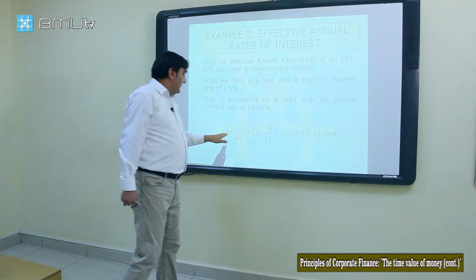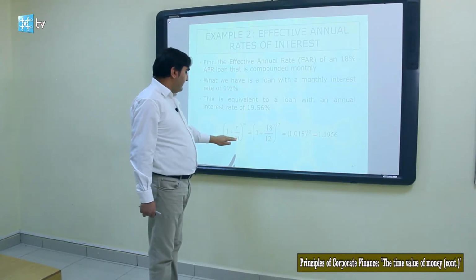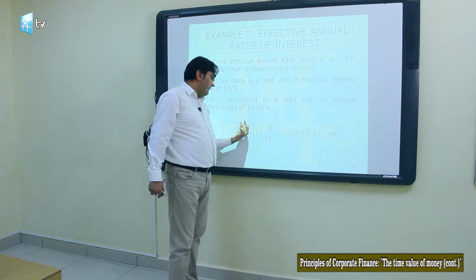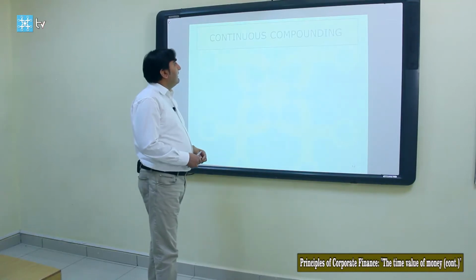If you calculate it this way, the effective annual rate equals 1 plus the rate divided by the number of periods, to the power of the number of periods: 1 plus 18% APR divided by 12, because of monthly payments, to the power of 12. This is 1.19.